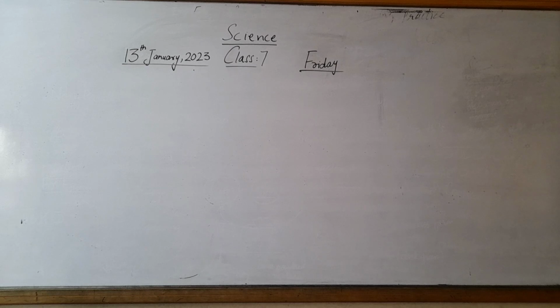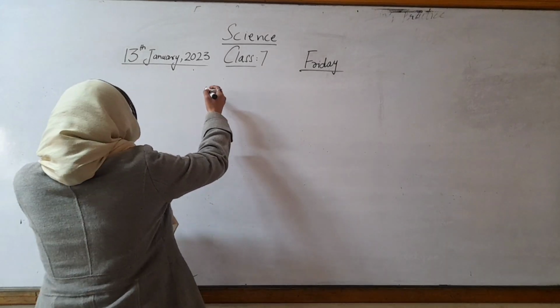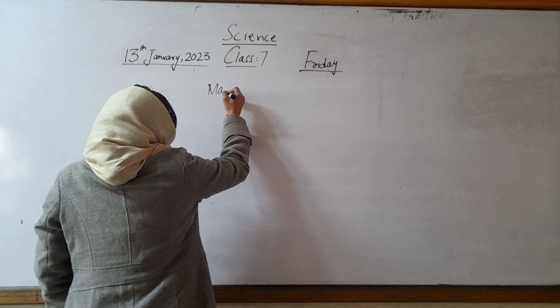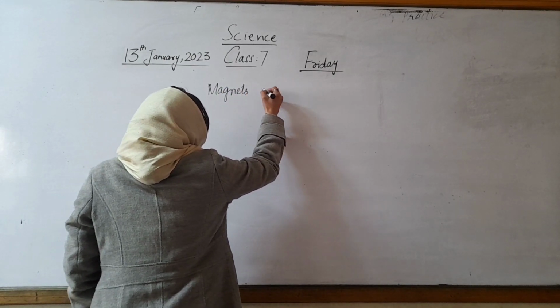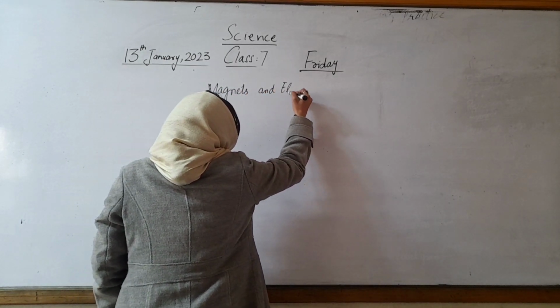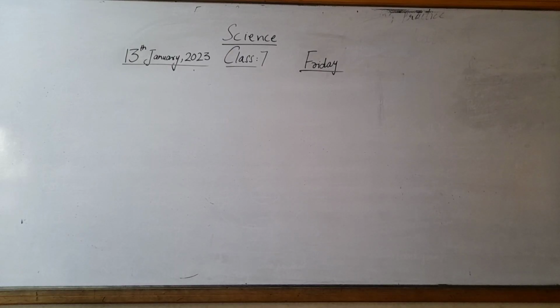And today's lesson is gonna be about the concept of magnets and electromagnets. Before starting this concept, we will first recall our previous lesson, as we have completed our unit number 3 that was about the periodic table, in which we discussed the chemical symbols, chemical elements, and how you will find the atomic number and mass number.